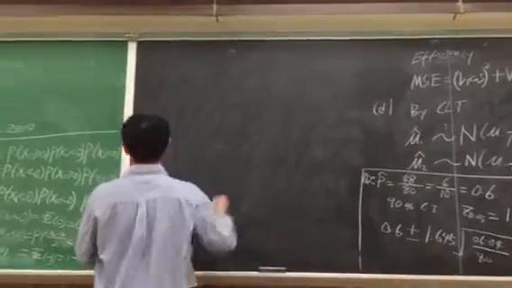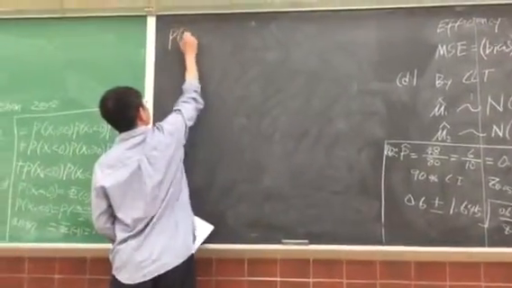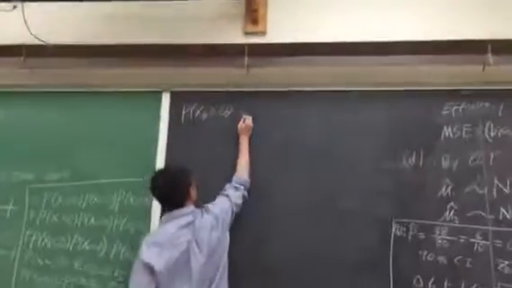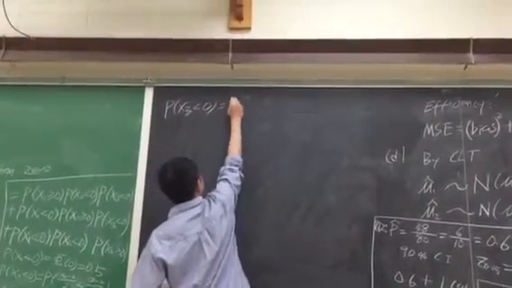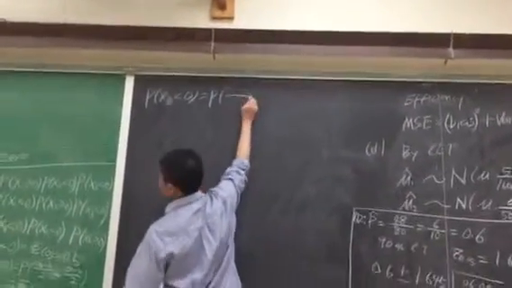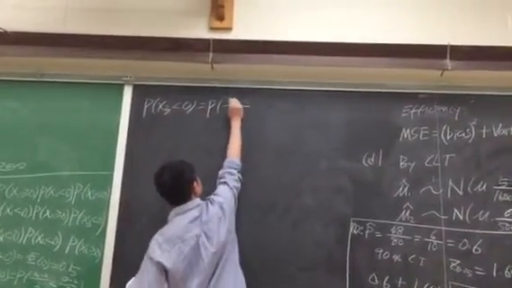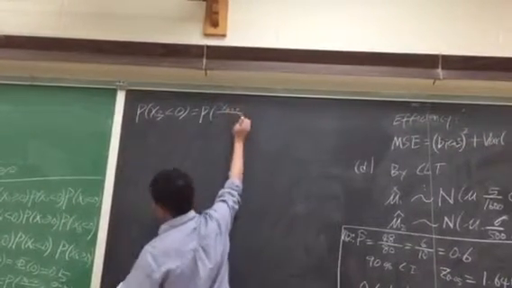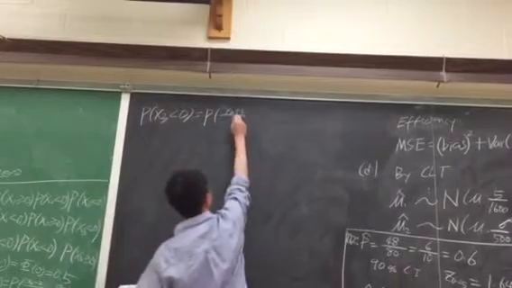X3 smaller than 0: 3 minus 1, which is plus 1, divided by 1.